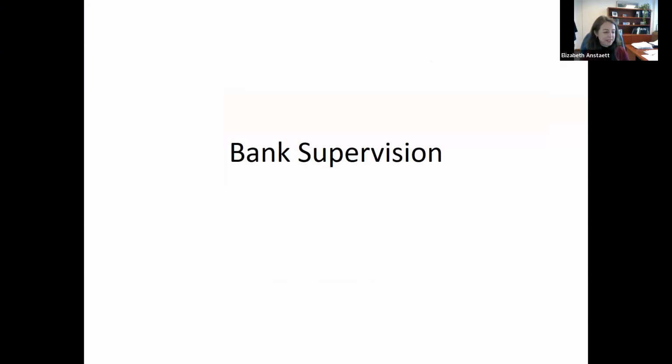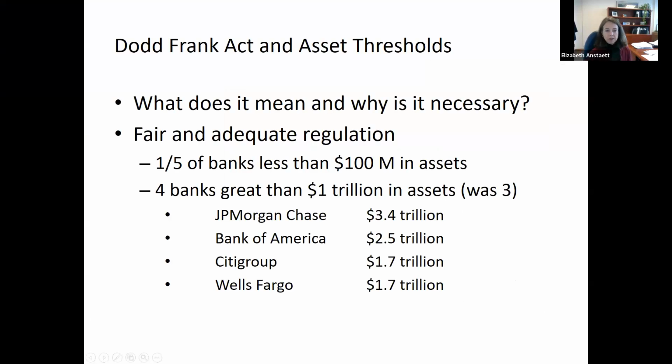So this is really, I guess, the crux of what compliance people are thinking of when they are making decisions and ensuring that they are complying with all the laws, regulations, and potentially best practices. One of the things that we have talked about off and on is that there are more requirements based on the asset threshold.